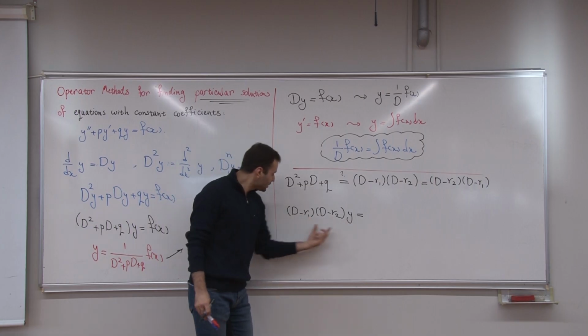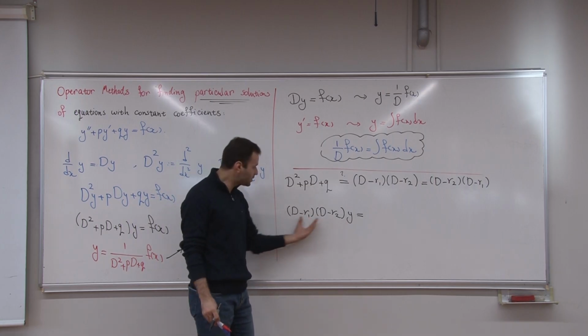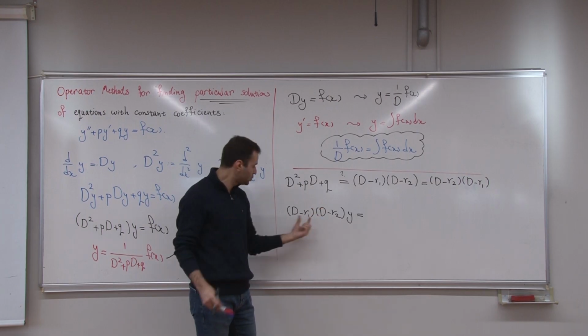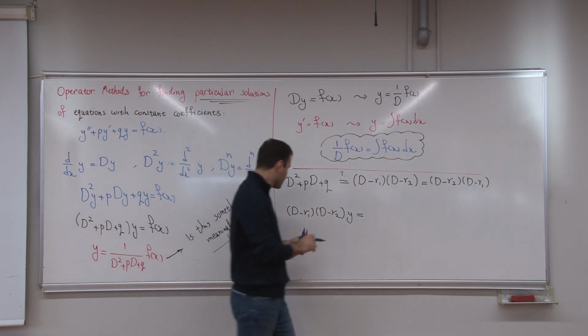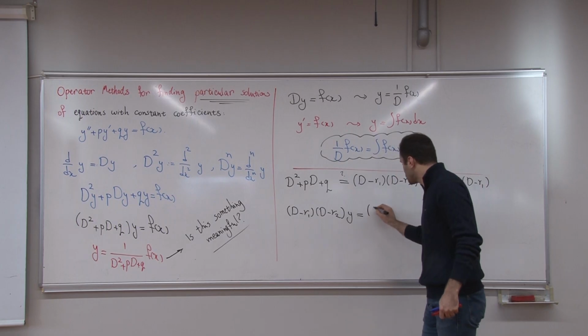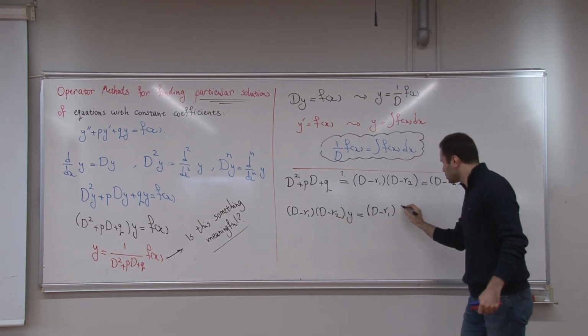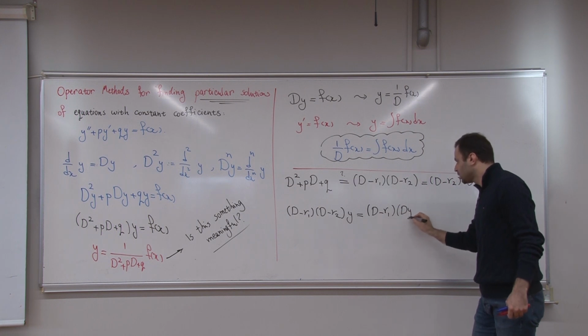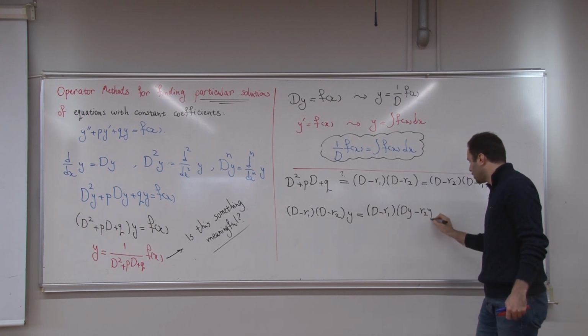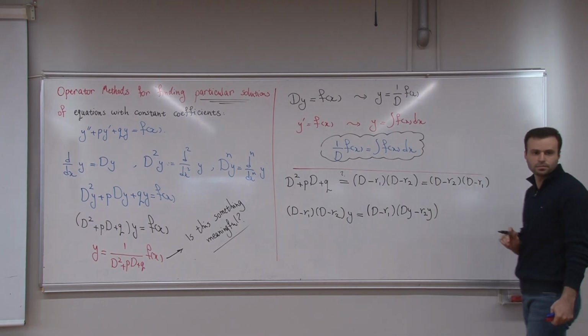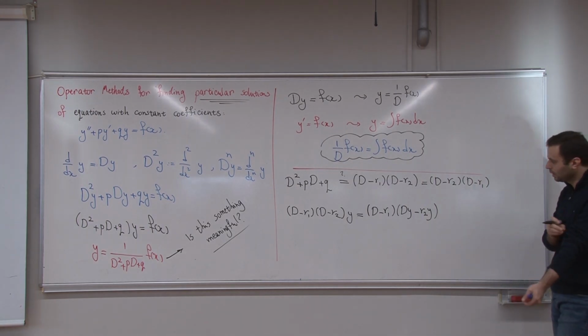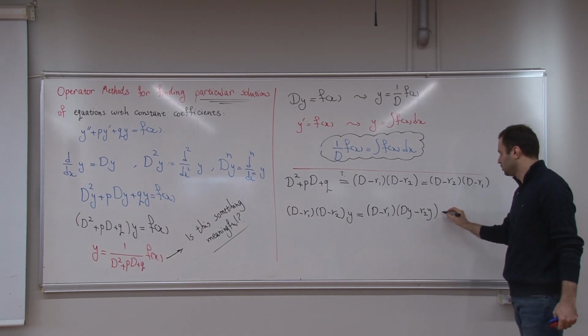So let's try to calculate what is happening if we have this kind of factorizing into its multiplicative forms. So what is this going to be? This is going to be D minus r1 applied to Dy minus r2y. Okay? Then what is this going to be?